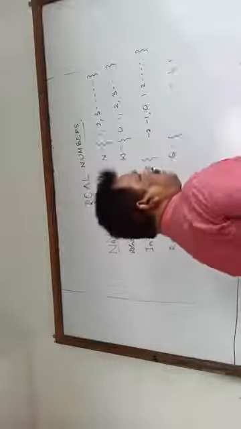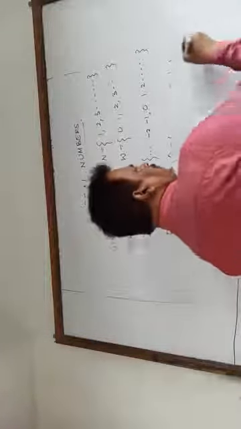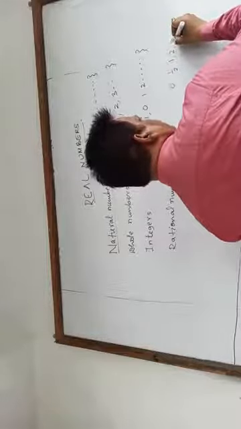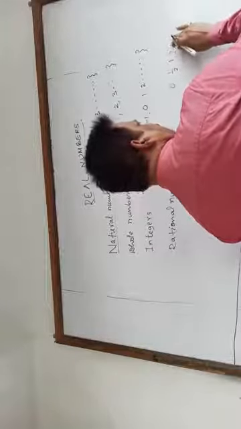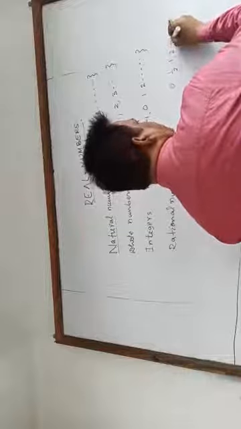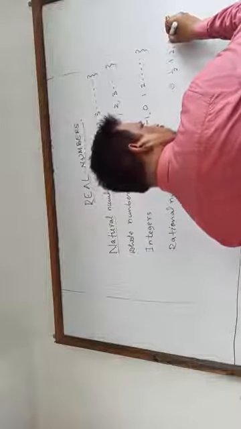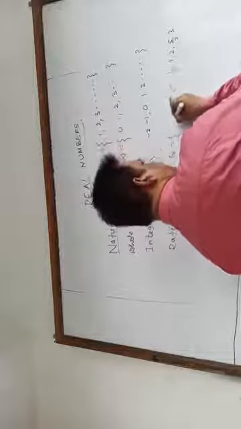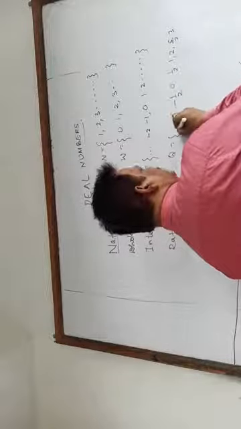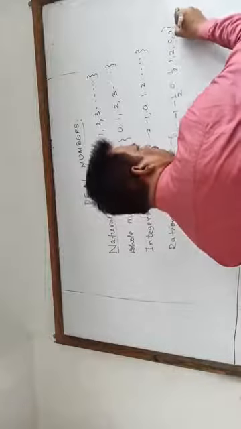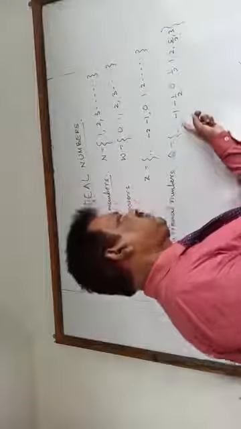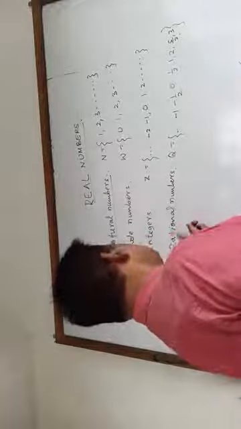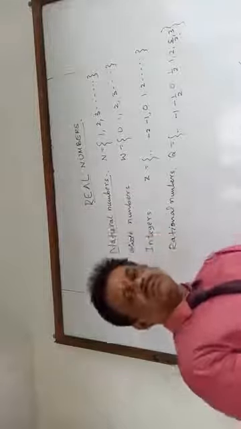So when fractions are included, 5 by 2, 3, minus 1, minus 1 and so on. That means all the fractions, all the integers, we will be calling them as rational numbers.